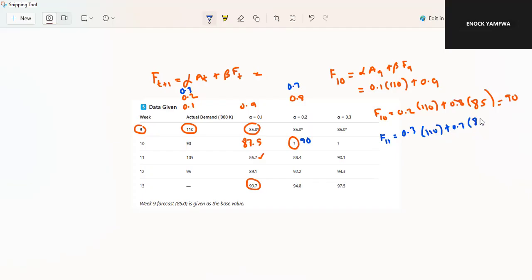So what becomes the final answer? 92.5. So we put here 92.5.